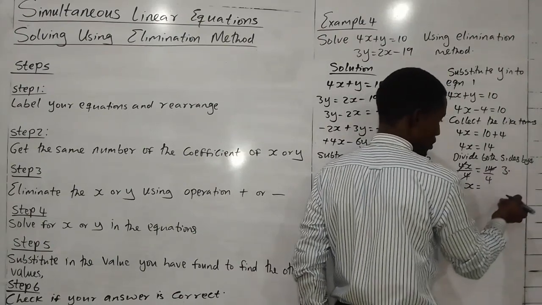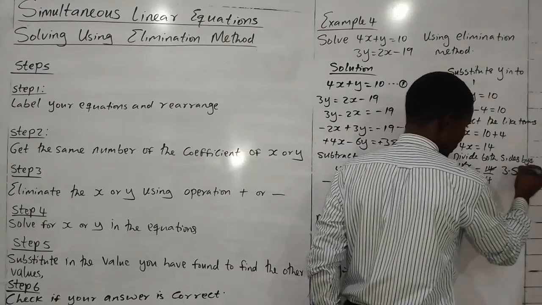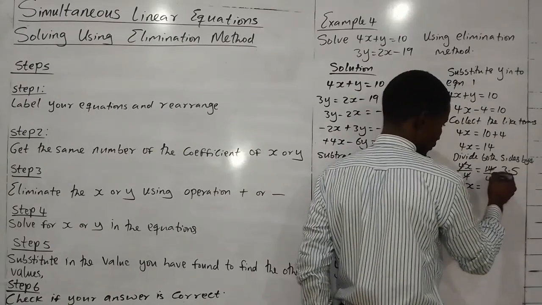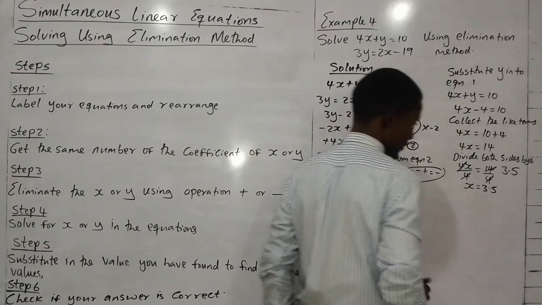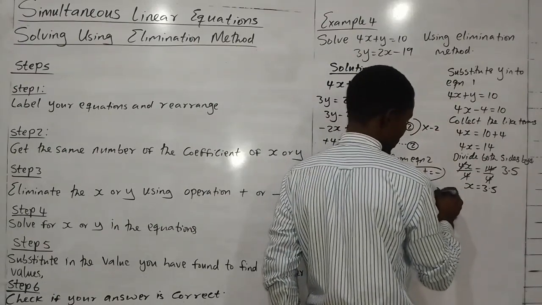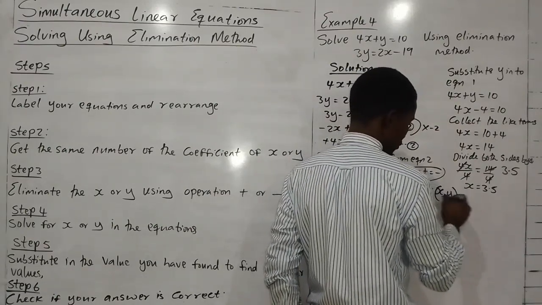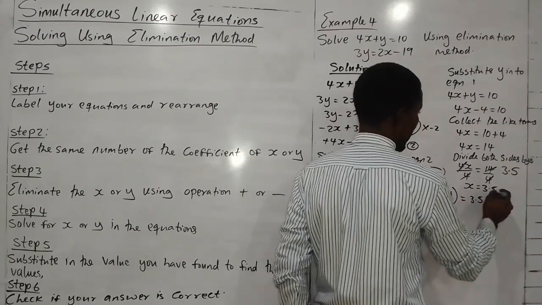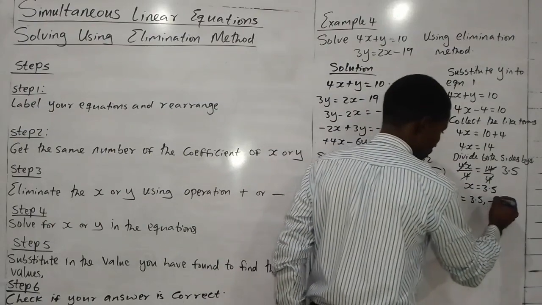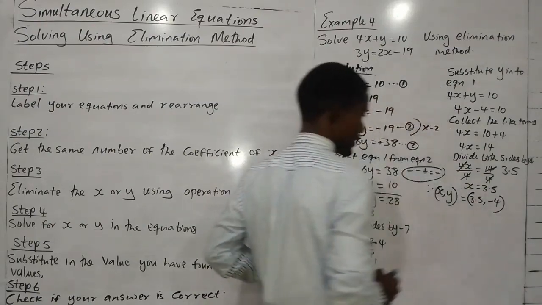It can go 5 times. So it will be 3.5. So 14 divided by 4 gives us 3.5. Therefore my x value is 3.5, and what is our y? Minus 4. That is our y.